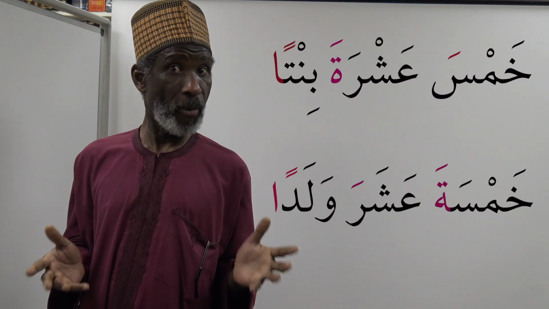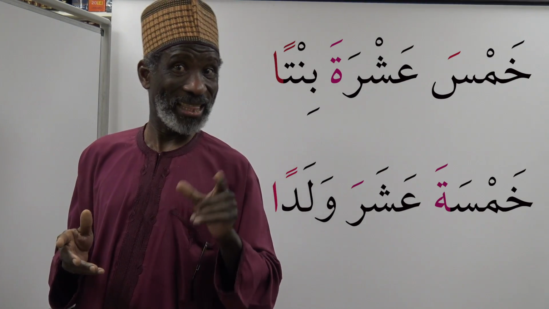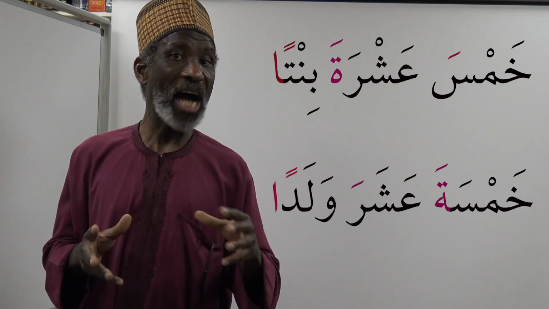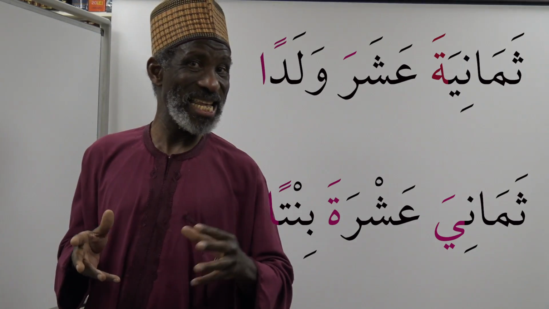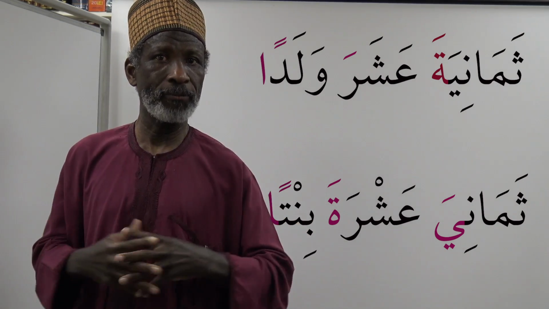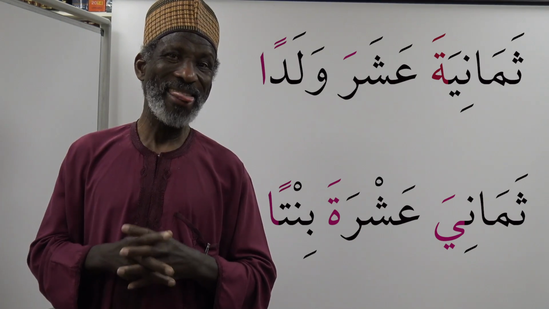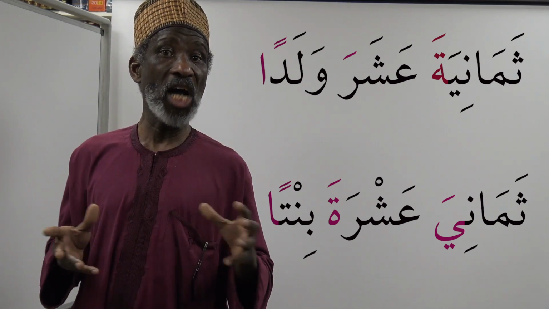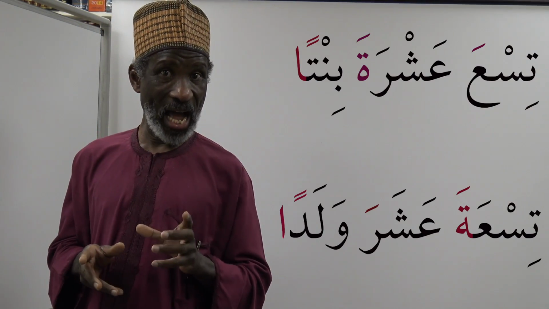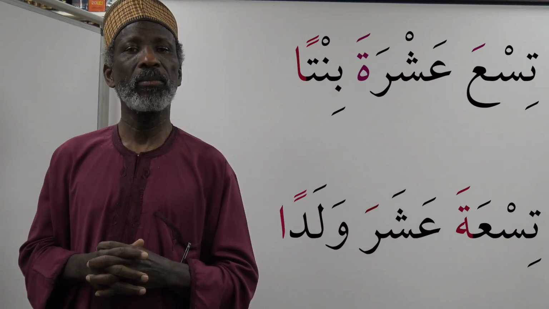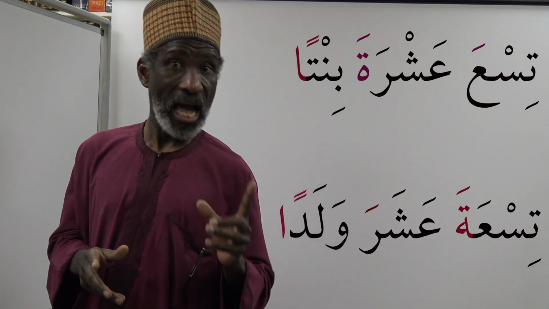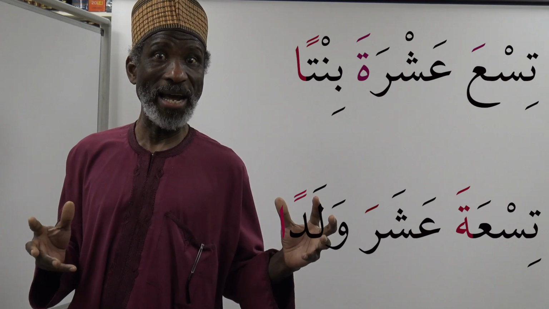For 15 boys, you say khamsata ashara waladan. 18 boys, thamaniyata ashara waladan. 18 girls, thamaniya without ta marbuta, ashrata bintan. 19 girls, tis'a without ta marbuta with fatha, ashrata bintan. 19 boys, tis'ata ashara waladan.